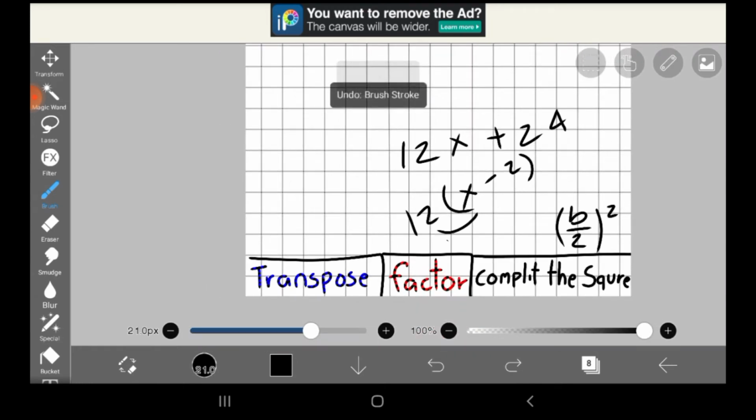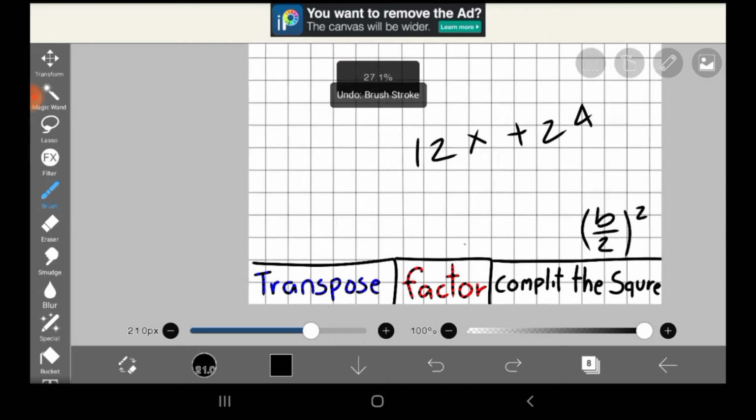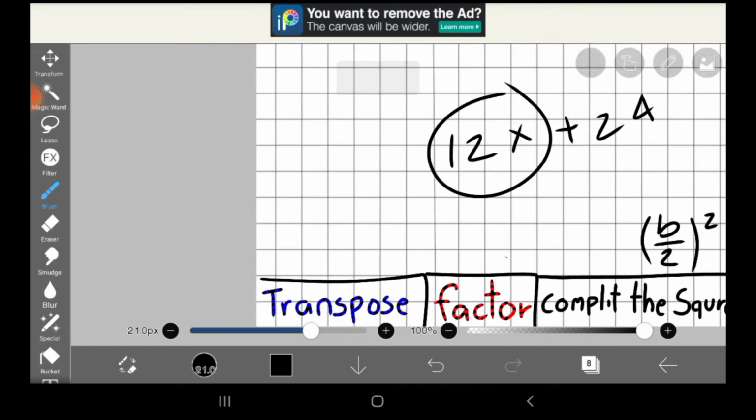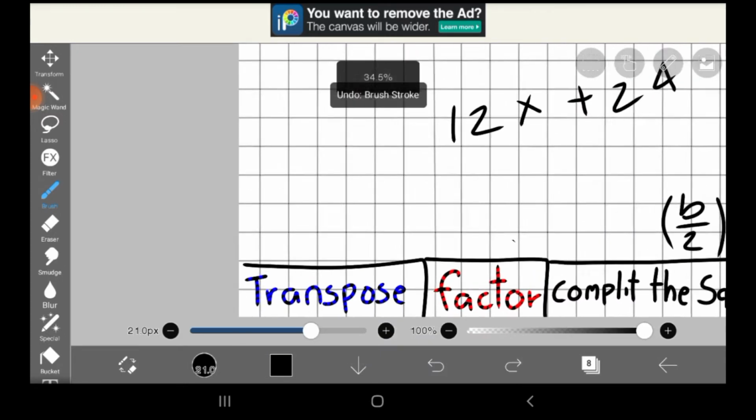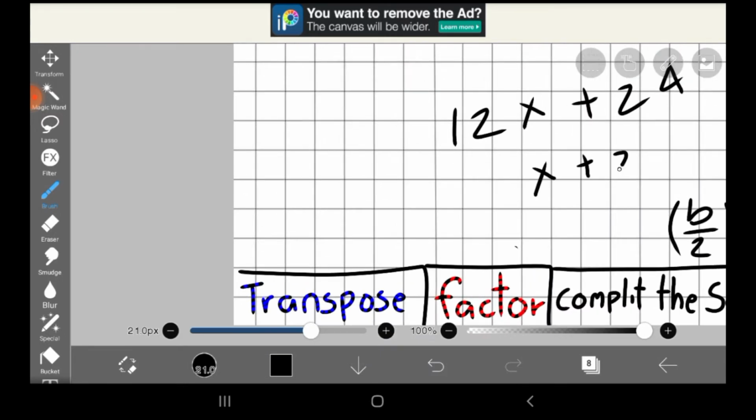That is factoring. How do we know if we're going to use the factor? We will only use the factor if the leading term has a coefficient higher than 1. Example, if this is x positive 24, you don't need to factor it because there's only 1 here.